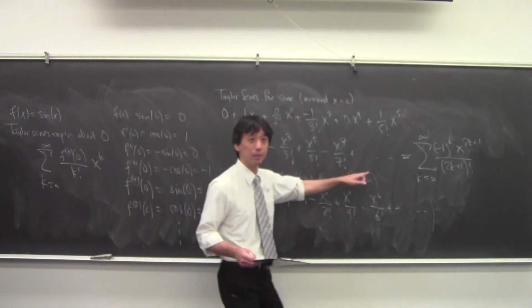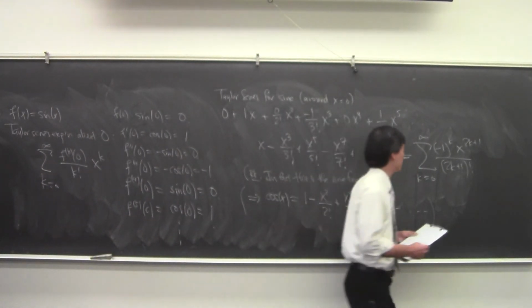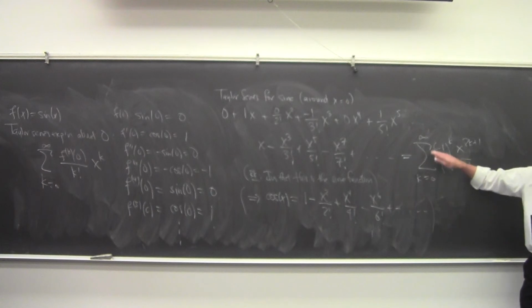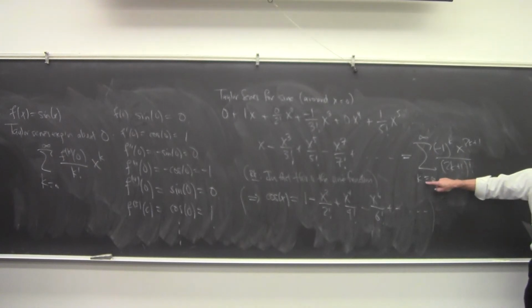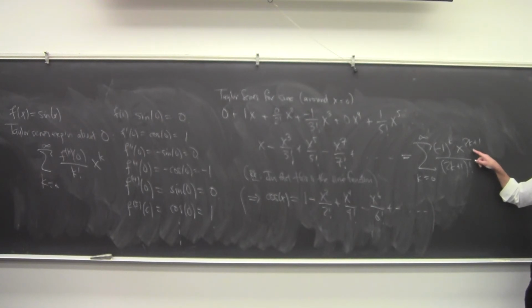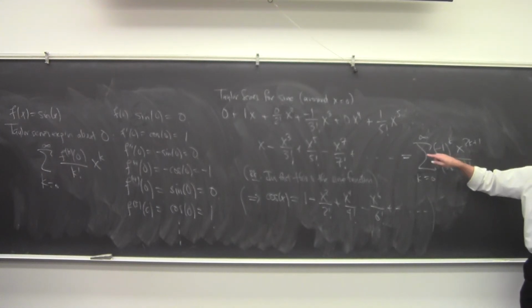I hope that makes sense. We're letting k go from 0 to infinity, and we're taking only the odd powers. 2k plus 1 as k goes from 0 to infinity will hit all the odd numbers. You divide by the odd number's factorial, and we have this alternating sign on it to make it the right sign.